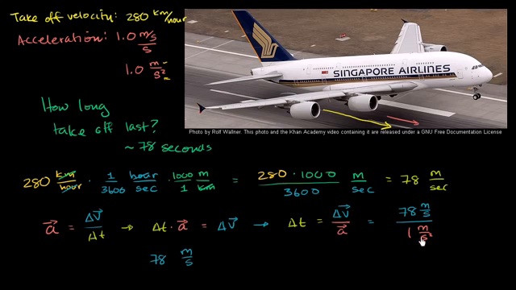And if you divide by meters per second squared, that's the same thing as multiplying by seconds squared per meter, right? Dividing by something is the same thing as multiplying by its reciprocal. And you can do the same thing with units. And then we see the meters cancel out. And then seconds squared divided by seconds, you're just left with seconds. So once again, we get 78 seconds, a little over a minute for this thing to take off.